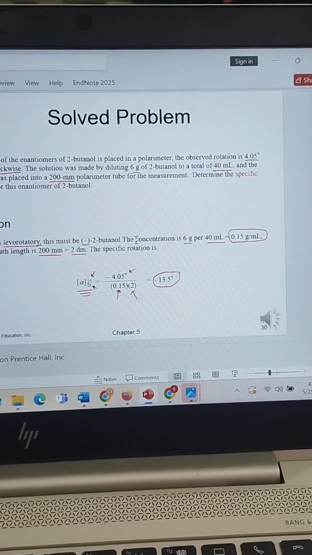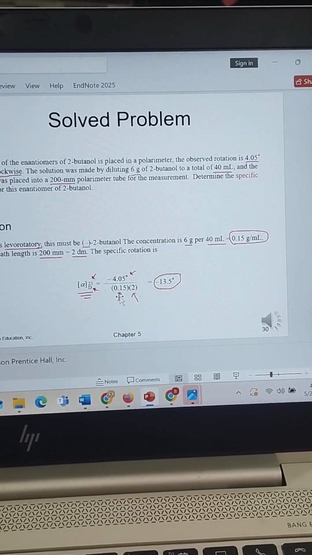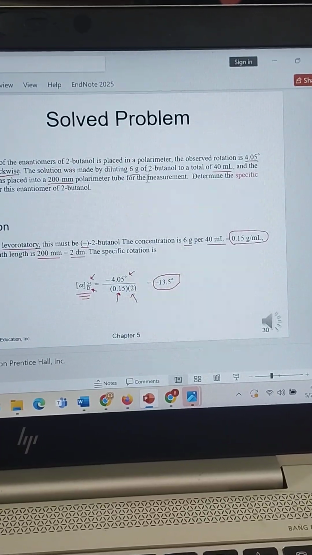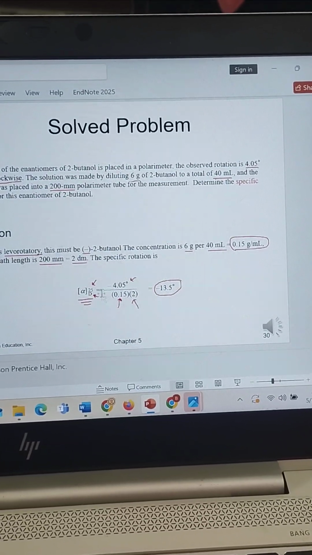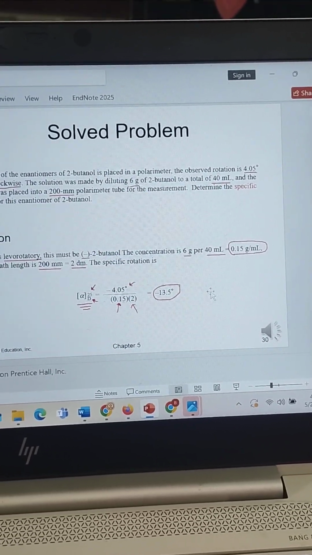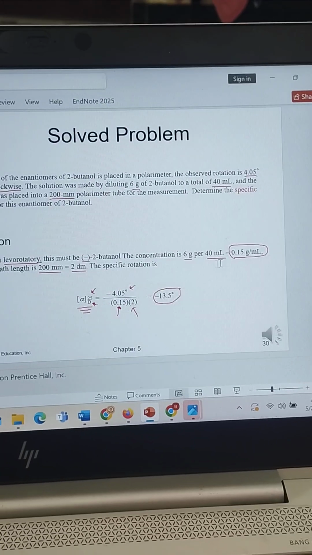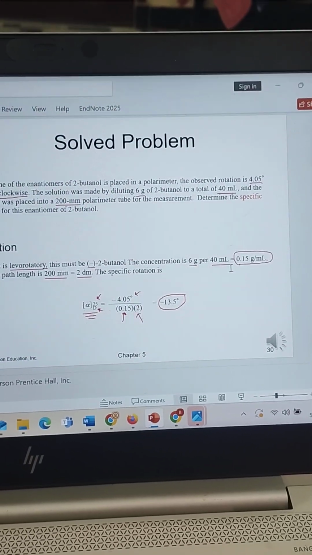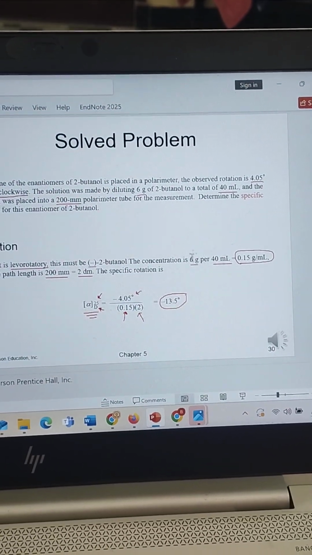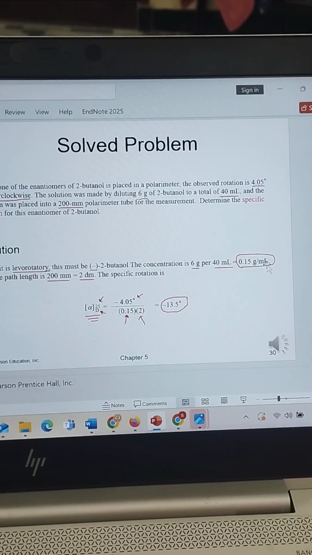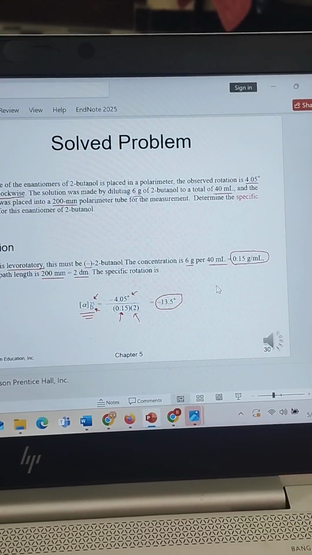So we have to put the other values, like 0.15 is the concentration of the solution, like 6 gram per 40 ml. So we calculate it from this, 6 gram per 40 ml, in gram per ml, mass per volume.